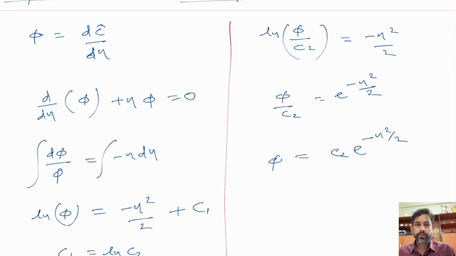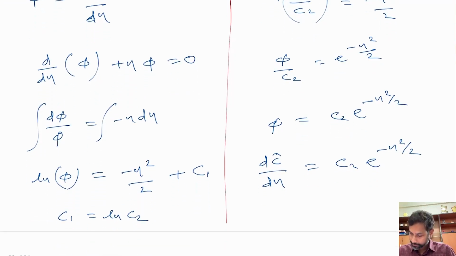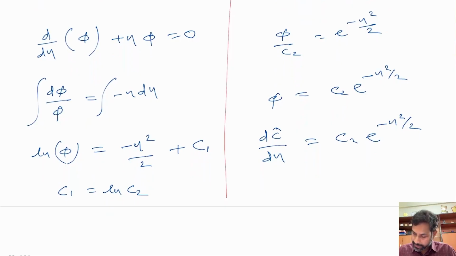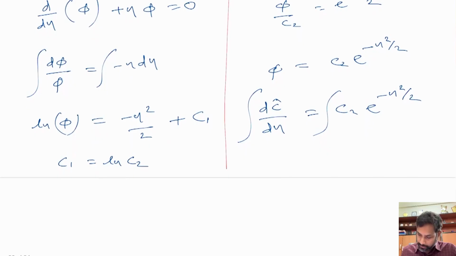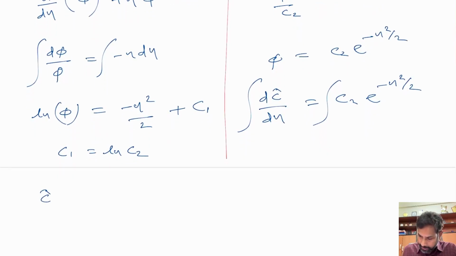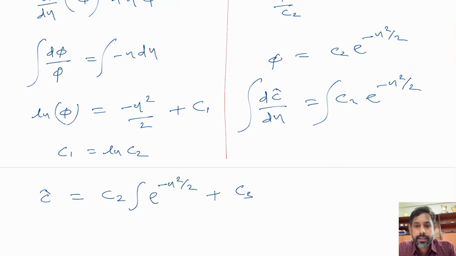Now we replace phi back with dC hat over d eta, which is C2 e to the power minus eta square by 2. So we have the equation back in the form of C hat and eta. Now we integrate this further, and that gives us C hat as C2 e to the power minus eta square by 2 plus another constant C3.